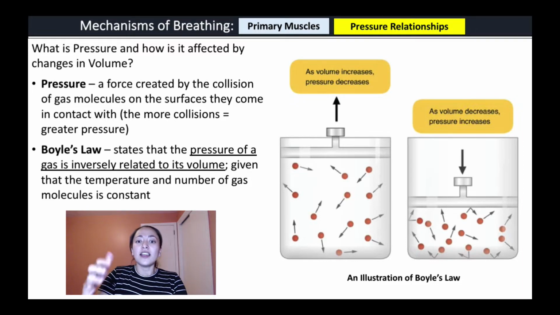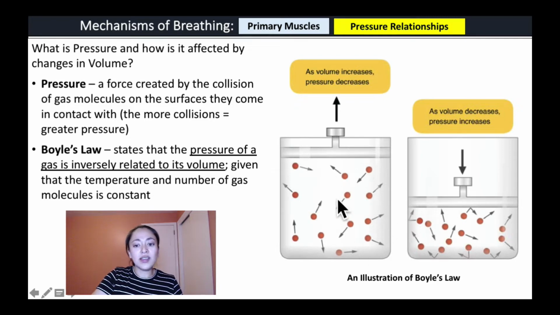And you can think about how this relates to volume by looking at something called Boyle's law. Boyle's law states that the pressure of a gas is inversely related to its volume, given that the temperature and the number of gas molecules is constant, and we haven't changed that. Okay, and you can see that illustrated here.